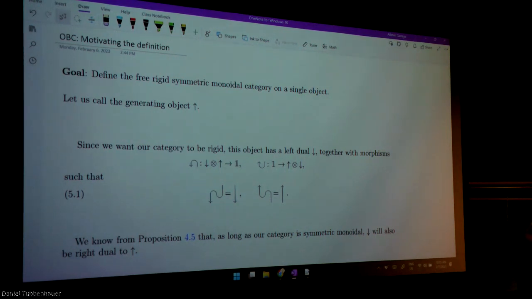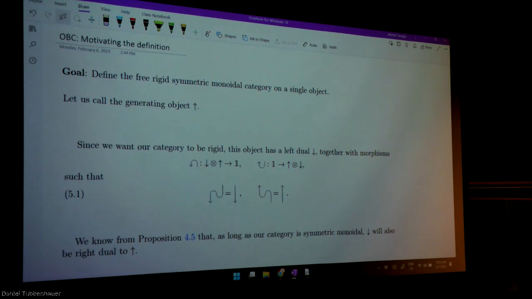So what we've seen so far is the free symmetric monoidal category on an object, and the free rigid monoidal category on a single object. It's a little bit different. We had the free monoidal category on an object that had a two-sided dual. That was the oriented Temperley-Lieb category. And now we want to define a universal category that has both of these. So it's symmetric monoidal and it's rigid.